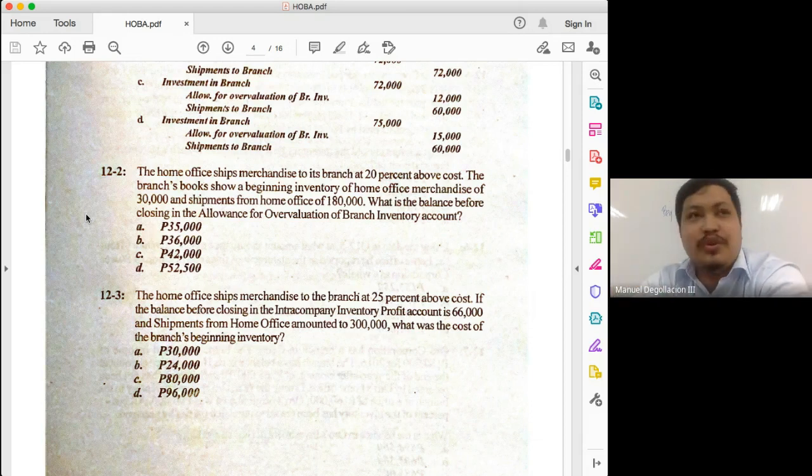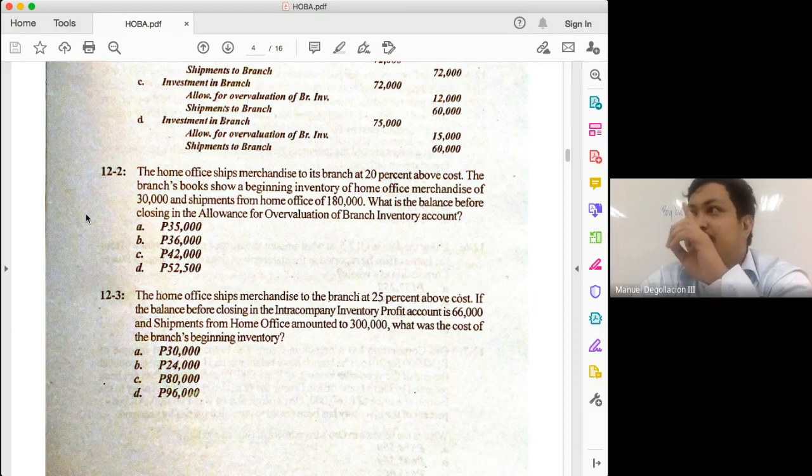So what do you do? You divide 300,000 by 125%. And that will give you 240,000. And multiply that by 25%. How much is that? 60,000. So what does the 60,000 represent? It represents the markup on the shipments.